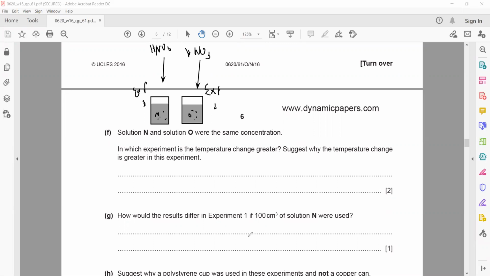So what could be the reason why the two of them are showing a different temperature change? You cannot mention different concentration. Already they mentioned they have the same concentration. So if they have the same concentration, means they have the equal number of particles in a unit volume. But experiment 1 shows a greater change in temperature.